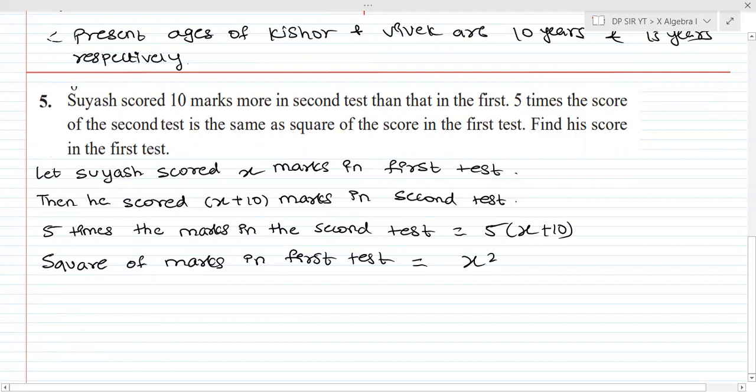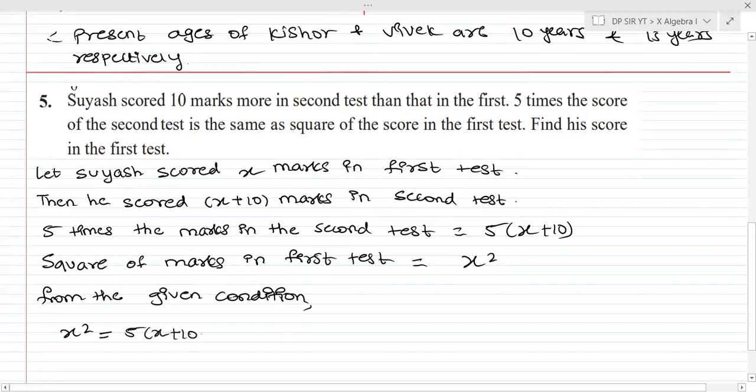समझा इधर तक? Any doubt? Now from the given condition, x square is equal to 5 times x plus 10. Okay.